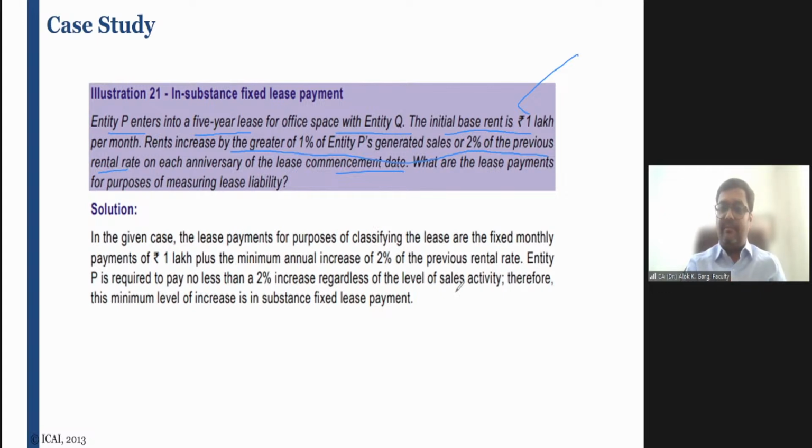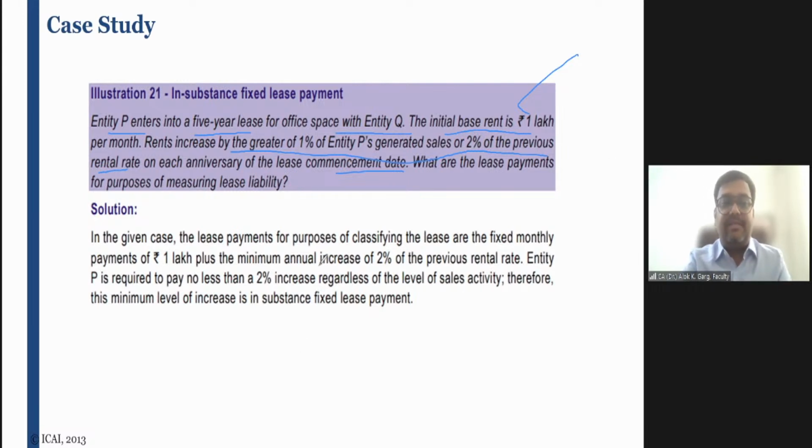Okay, is that clear? So friends, if I ask you what is the in substance fixed payment in this case? The in substance fixed payment is my 2,000 rupees, right? And beyond that will be considered a variable lease payment.